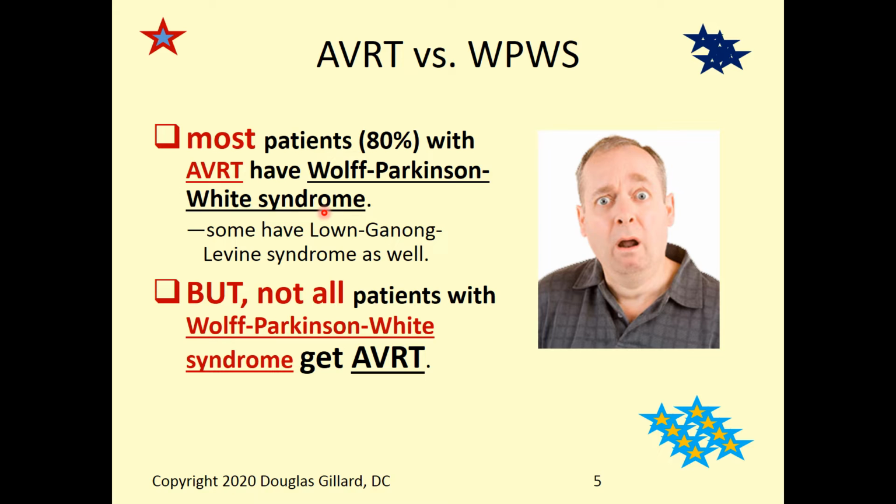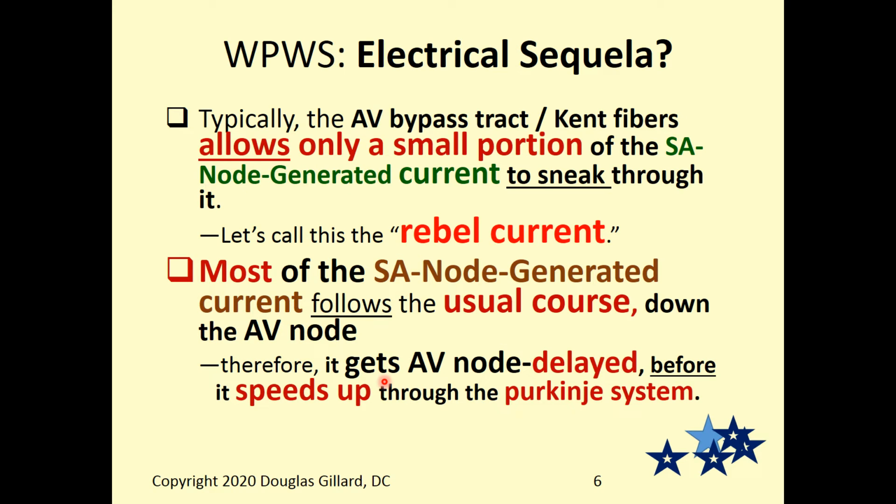We'll talk exactly about how that goes in a second. But not all patients with Wolff-Parkinson-White syndrome have to develop this tachycardia. I think it's about 50%, but we'll see that number in a second.